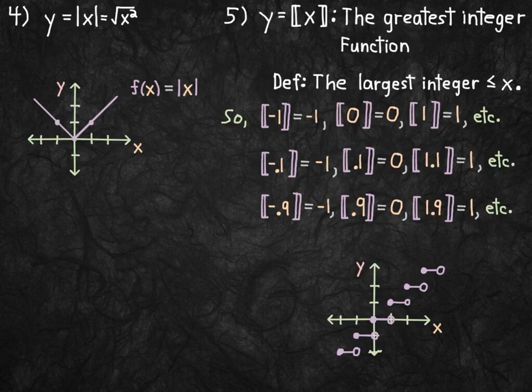And try a point like this one and see where it is. People will sometimes put these too high and mess it up. So you just try a few, and they'll give you a feel for how it goes. This is sometimes called a step function.